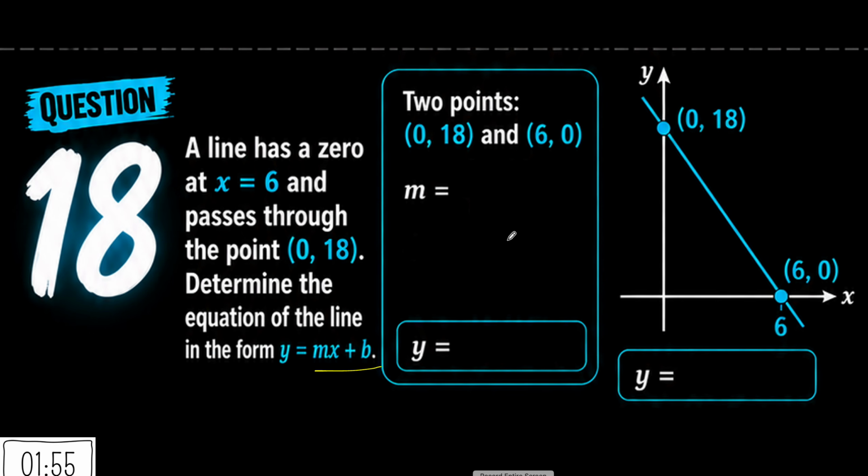Then, let us find out, of course, 0, that is y of 2 minus the y of 1, 18, over x of 2 here minus x of 1. 6 minus 0. So 0 minus 18, that is going to be negative 18 divided by 6 minus 0 is 6. Negative 18 divided by 6, that is going to be negative 3. So ang slope natin is negative 3.